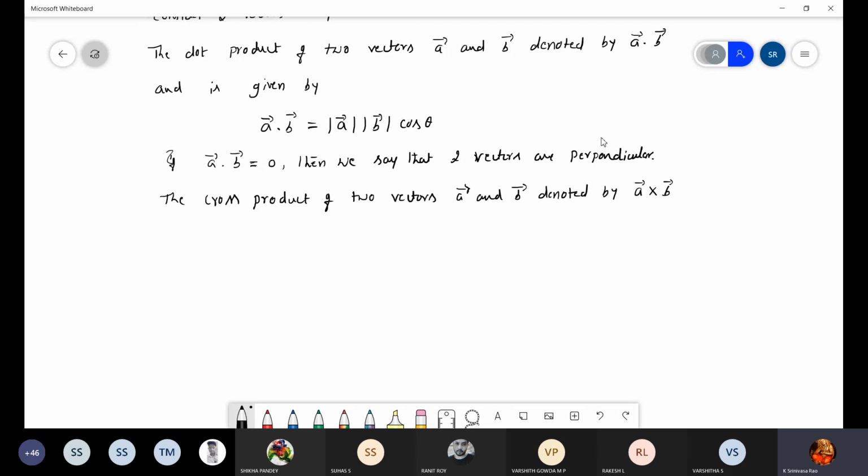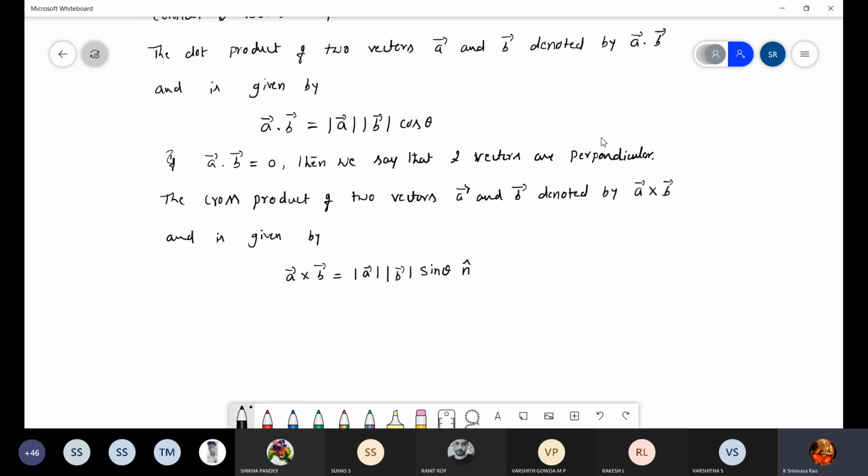In that product we have different ones, one is dot, another one is cross, and it is given by A cross B equals magnitude of A into magnitude of B into sine theta into n cap.